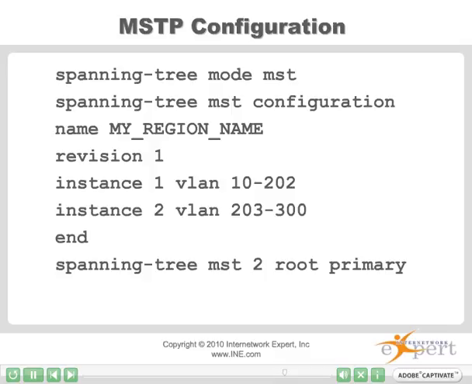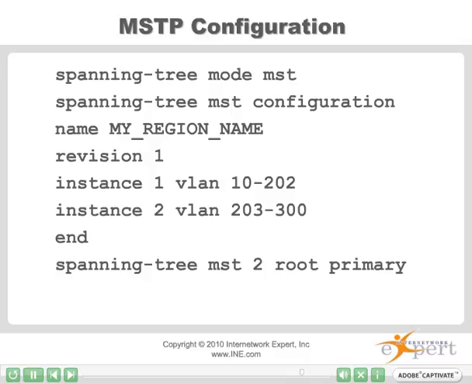Once you've got the mode set over to the MSTP, you'll want to go ahead and enter MSTP configuration mode with the command spanning tree MST configuration. Then, once you're in that correct mode, you can give your region its name, its revision number, and then map the VLANs to the instances that you are creating. Remember, you'll get a spanning tree topology per instance. So in my example here, we're going to have 2 instances of spanning tree in our environment.